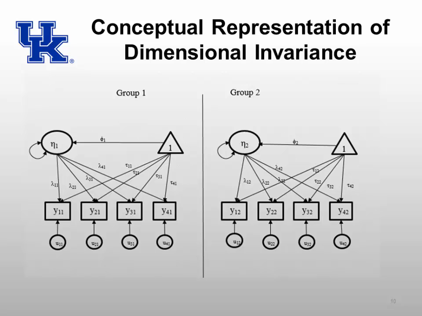And this triangle is the intercept, or when we consider this as a dichotomous or binary 0, 1 variable, this represents the threshold, the only one threshold for each item. And this phi 1 and phi 2 represent the factor mean for each group. So basically, we want to make sure all those lines and the parameters are equivalent and comparable for both groups, so that we know that anything we compare at this place is meaningful.